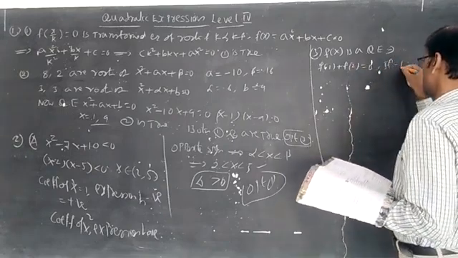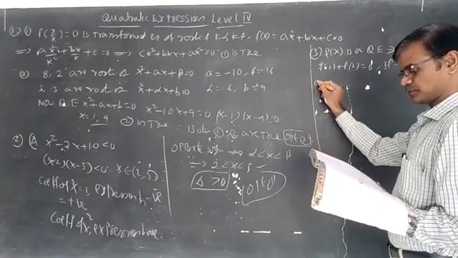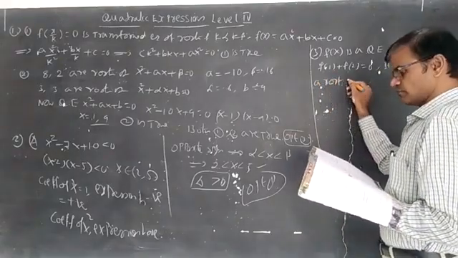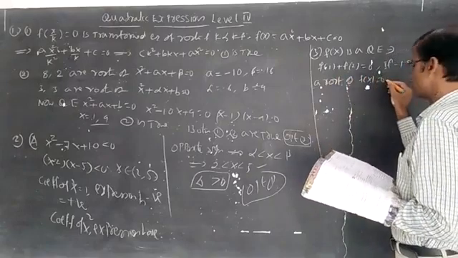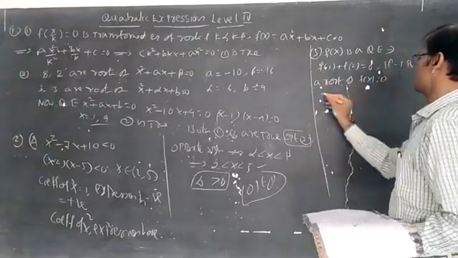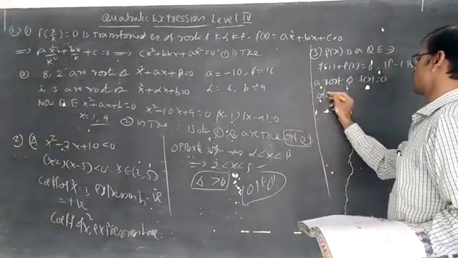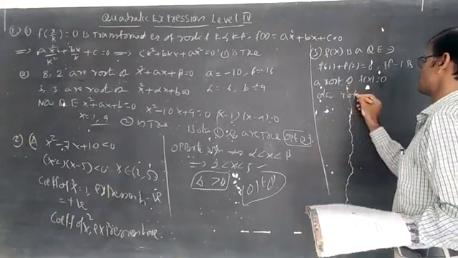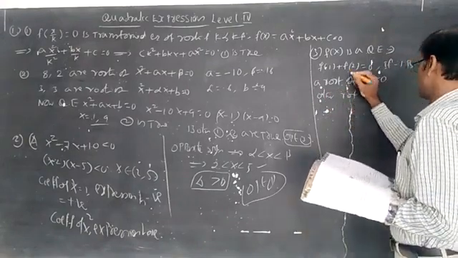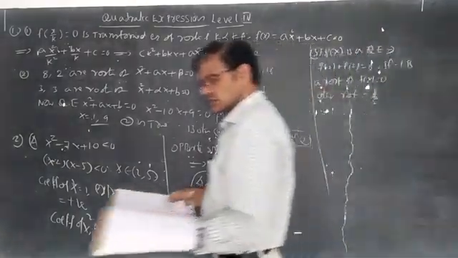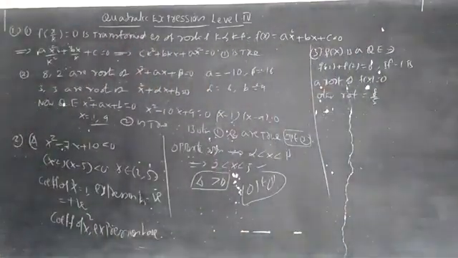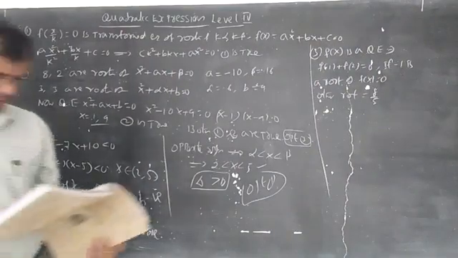If minus 1 is a root of f of x equal to 0, then the other root is equal to 8 by 5. Other root is equal to 8 by 5, given. So this is the assertion; a print mistake is there, correct it in our material.